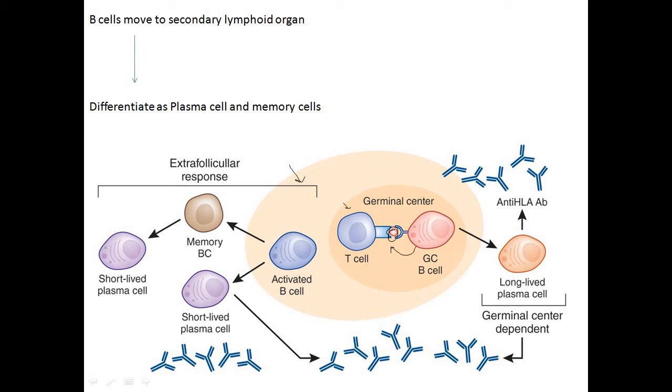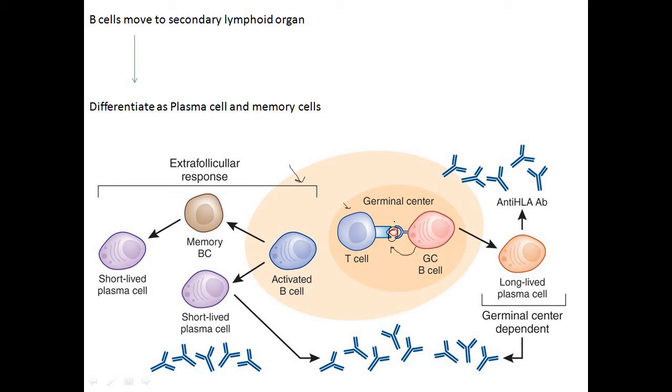Now the question comes that the B cell has already bound antigen in the previous case which we discussed in the last few slides. So here why are we looking for those B cells that can interact with antigen? Because once the cell enters this germinal center, the B cells undergo certain events such as somatic hypermutation, class switching, and affinity maturation.